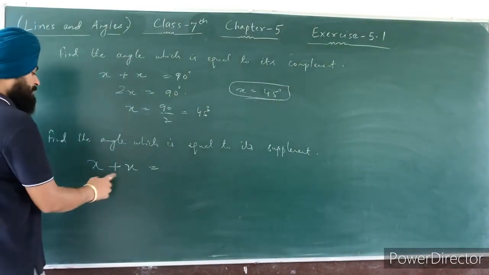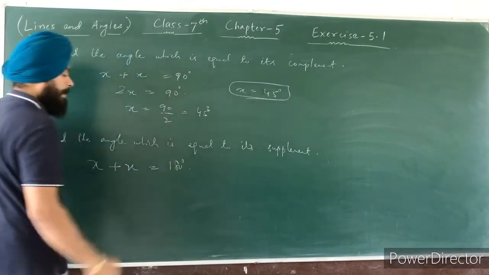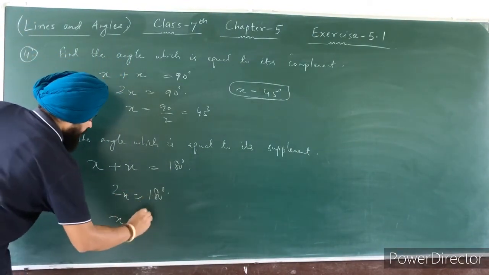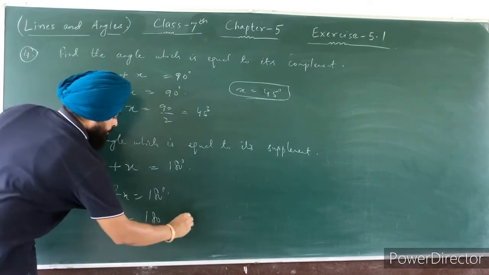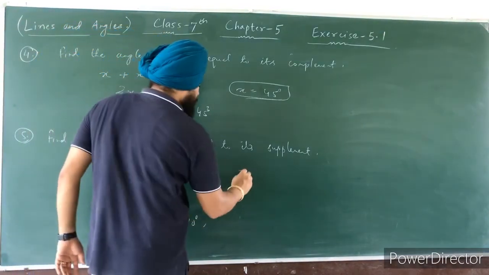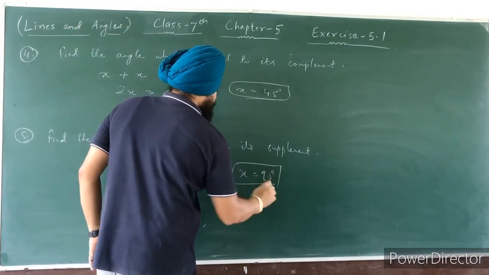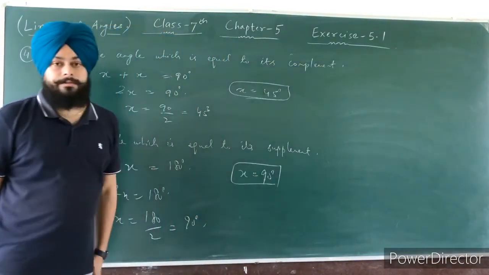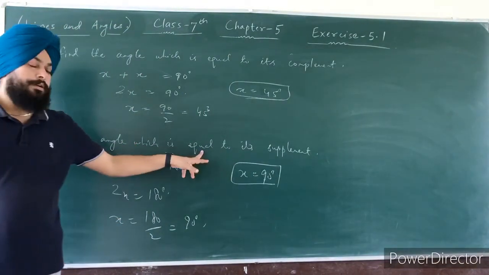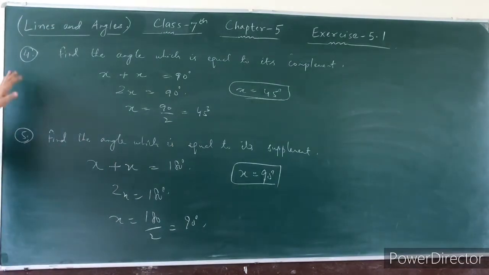Okay. Now x plus x is equal to how much? 180. x plus x, 2x is equal to 180 and x is equal to 180 over 2, which is 90 degrees. It means the measure of one supplement angle is equal to how much? 90 degrees. And the other one is also 90 degrees because both angles are what? Equal. So this is your question number 4th and 5th.